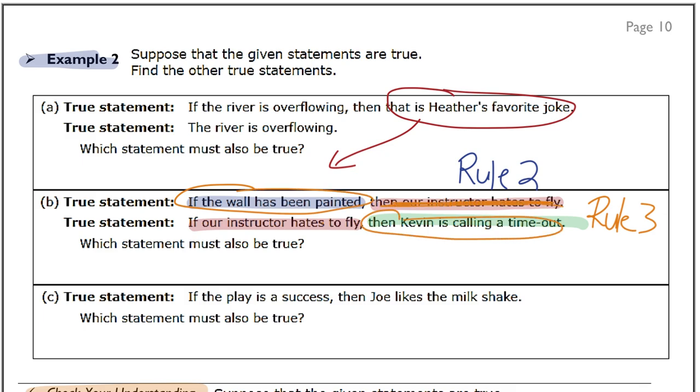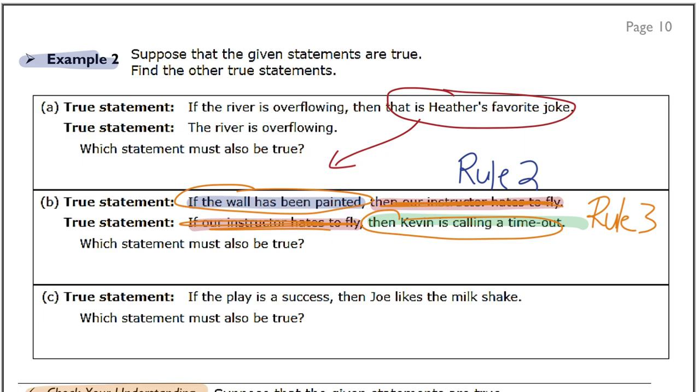We're basically canceling out those two things. So if the ending of the first statement is the same as the beginning of the second statement, then it's a logical chain where it jumps from beginning to end. So we're just going to write that down.